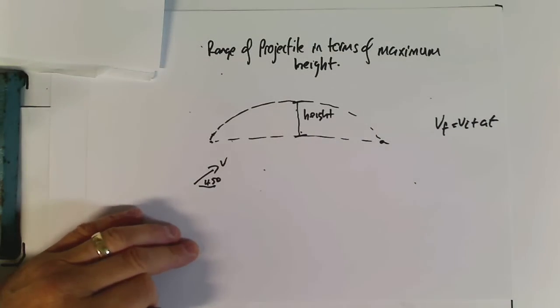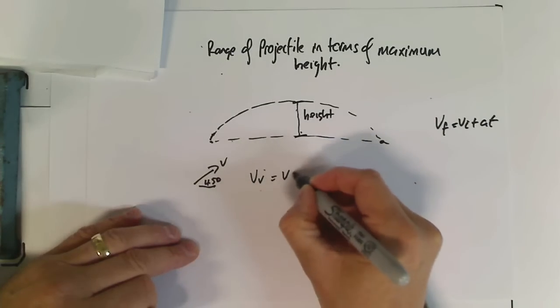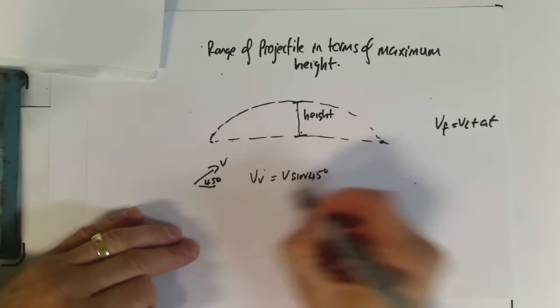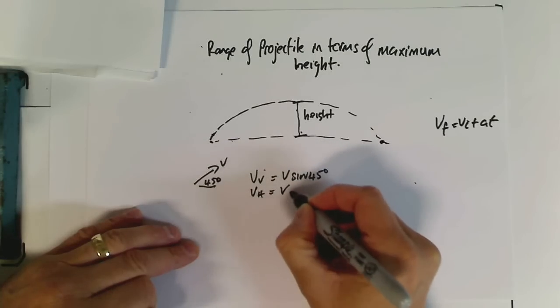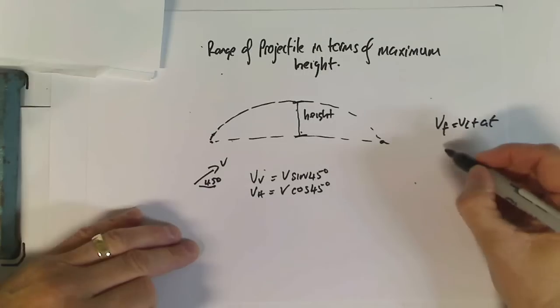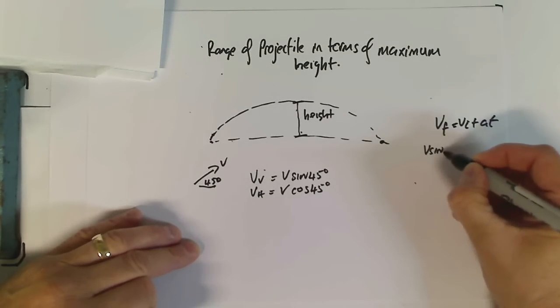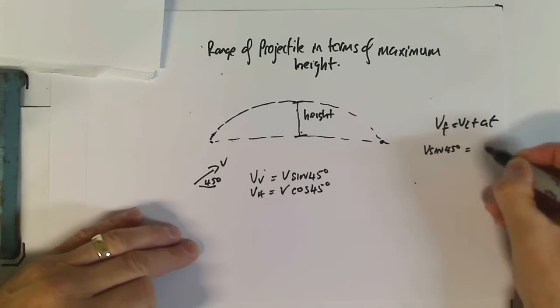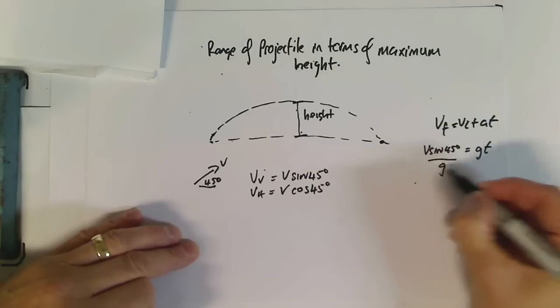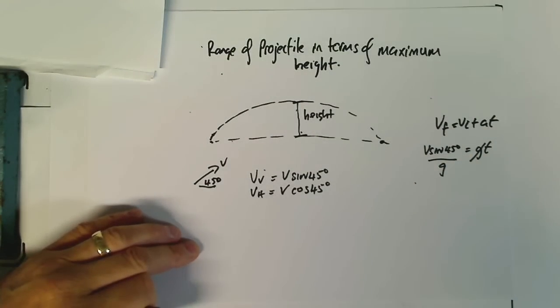This is just the vertical velocity being Vv equals V sine 45 degrees, Vh being V cos 45 degrees. We know from this that V sine 45 degrees will be equal to At, which in this case is Gt. So we can say T is equal to V sine 45 degrees over G. Right? So that's our T.